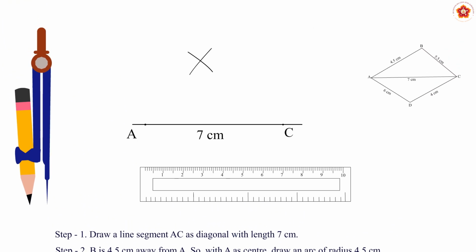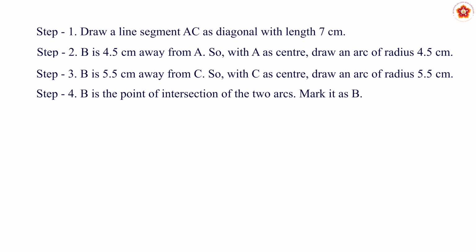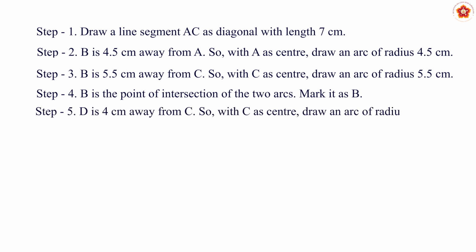And what do you mean by arc? Arc means part of a circle, correct? So there are two arcs there. They meet at a point called B. Now coming for the point D, which is 4 centimeters away from C. So with C as center, draw an arc of radius 4 centimeters.